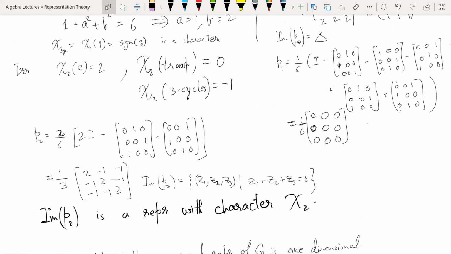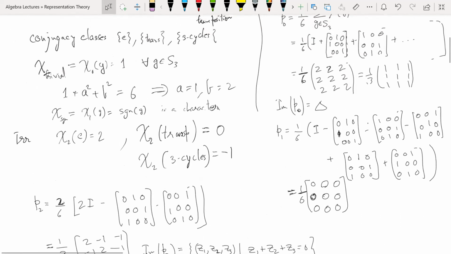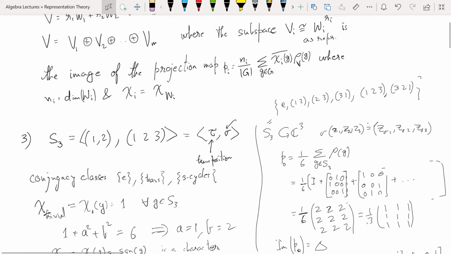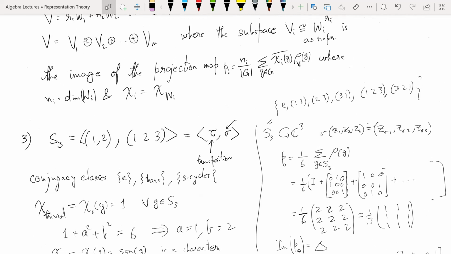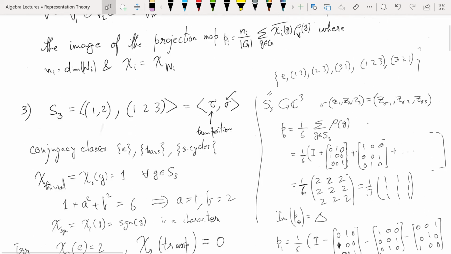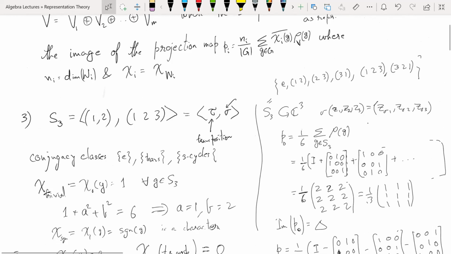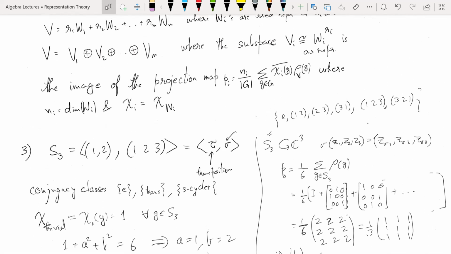Does this make sense, everyone? I hope this example tells you that this is a useful tool, meaning you can actually do some computation using this method if you are given some representation. So that was the objective, to work out this example.